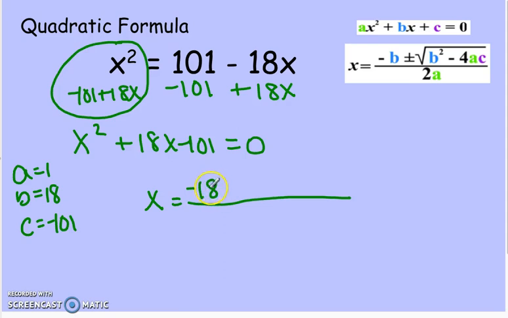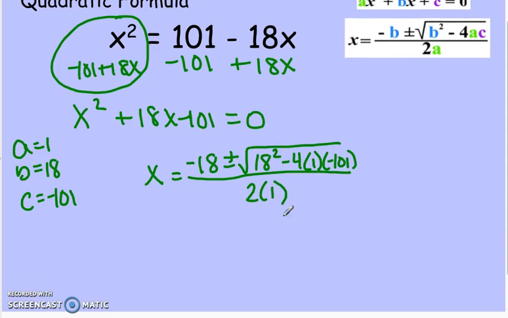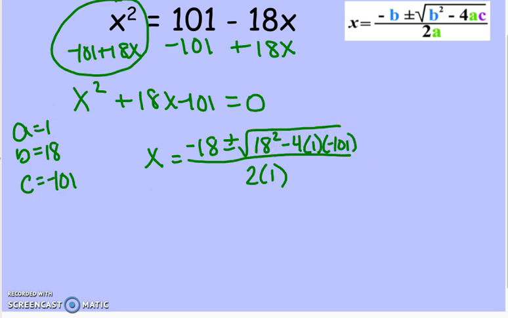Remember, you only have to put b in parentheses if it's negative. It wasn't negative. This negative is from the formula. Plus or minus the square root of 18 squared minus 4 times 1 times negative 101 all over 2 times 1. Okay, so then we can type this part into the calculator.